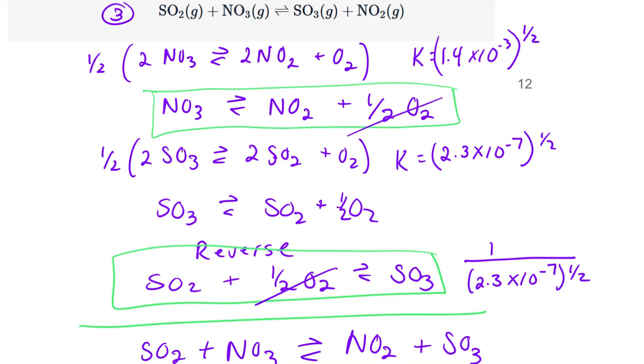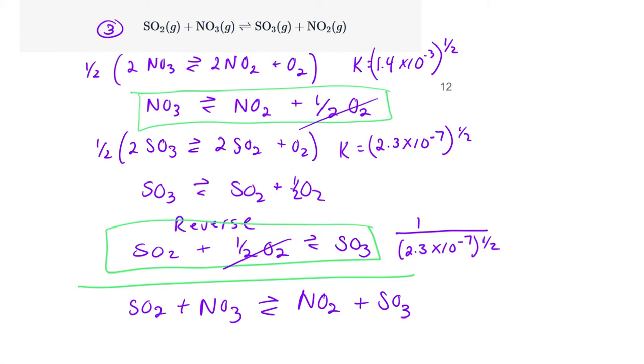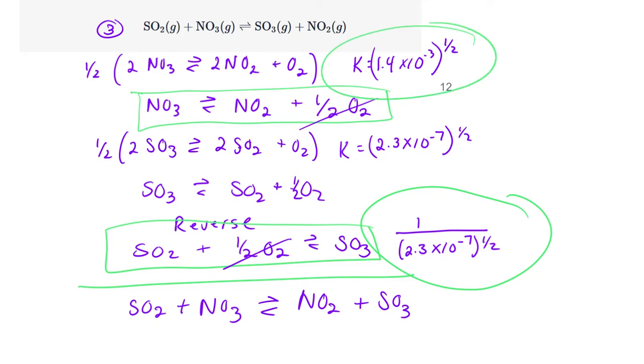Okay. So now we have to find our overall value of K. And we're going to take whatever this value is and multiply it by whatever this value is.